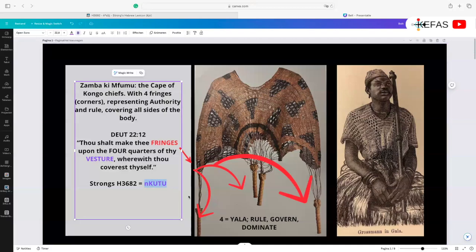Okay, it is the Kikongo Nkutu. Kutu means vesture or covering, clothing.